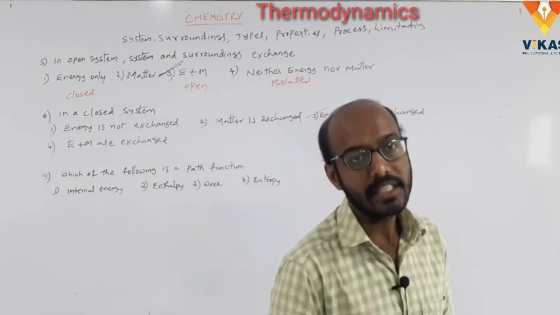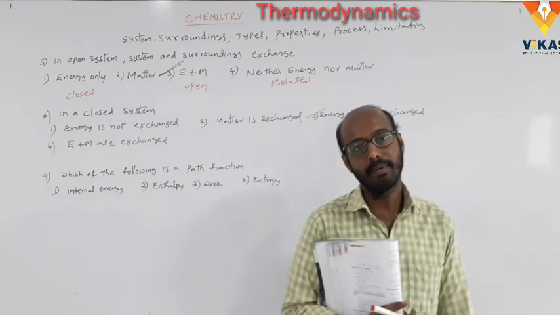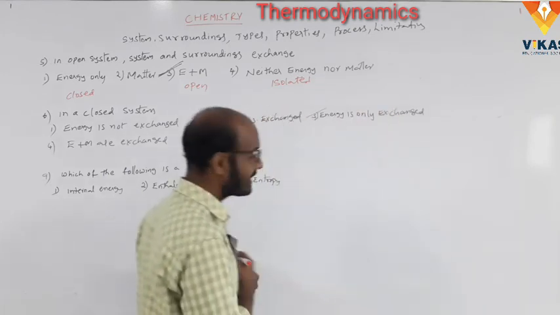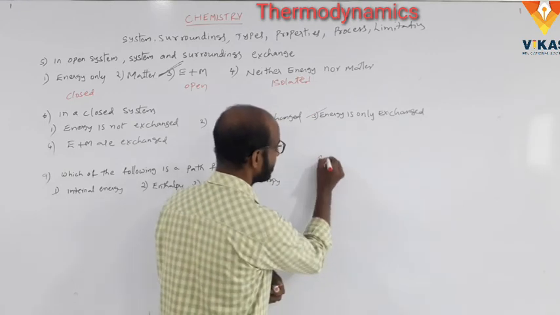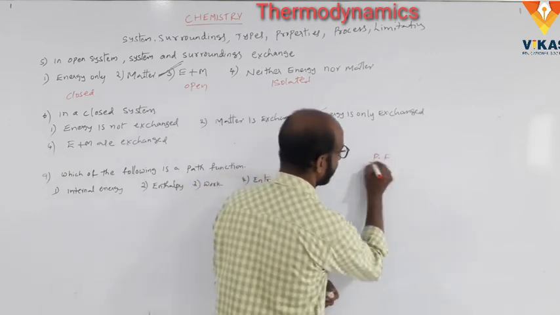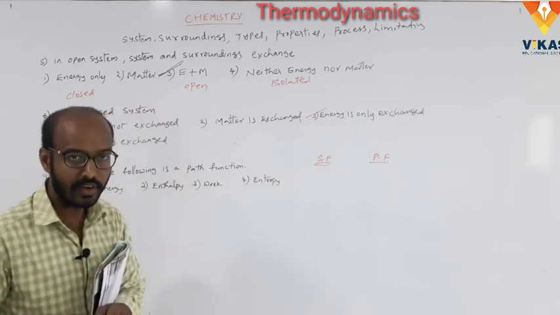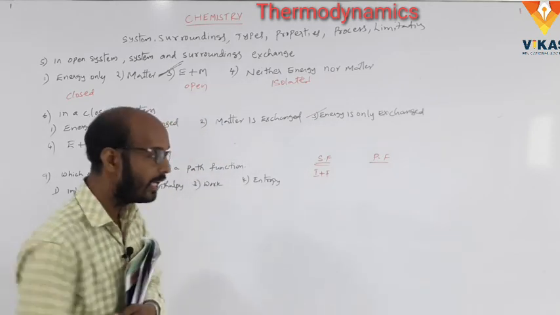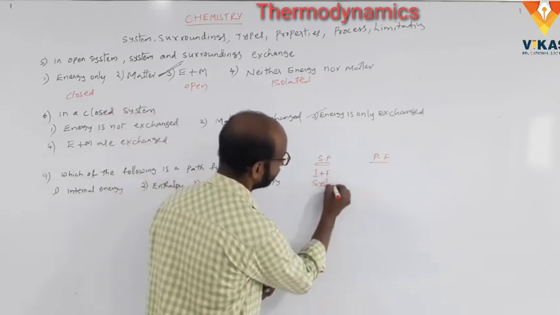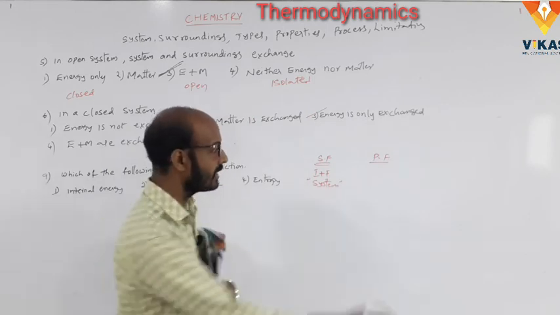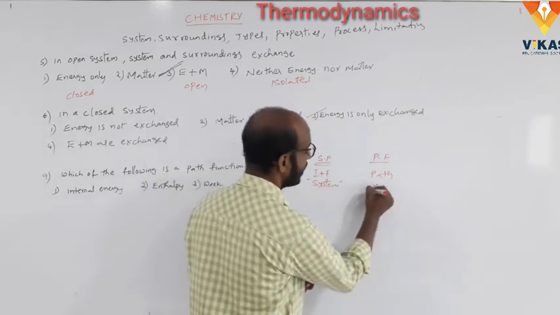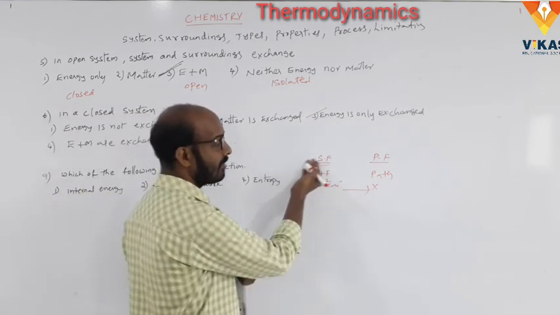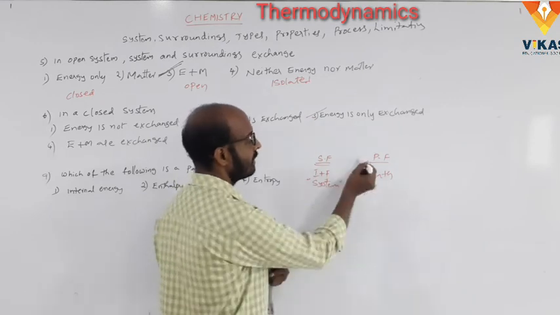A state function depends upon the initial and final states, or depends upon the system, and a path function does not depend on the system; it depends only on the path.